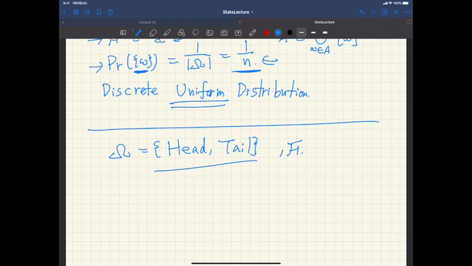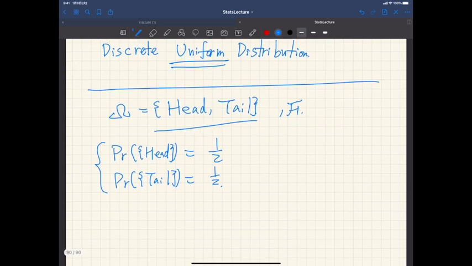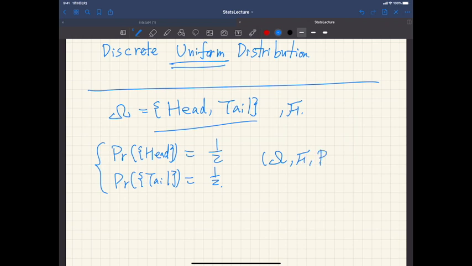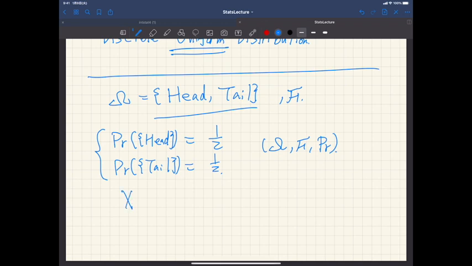There should be 4 subsets, and we define the probability measure as head equal to 1/2 and tail equal to 1/2. So this is a uniform distribution. Now we have a probability space.